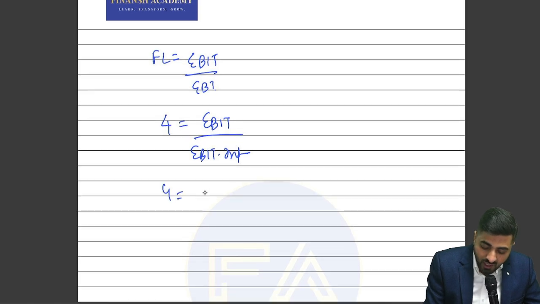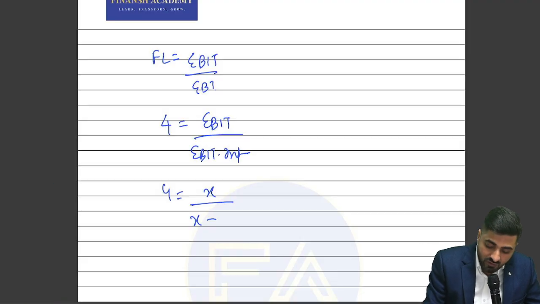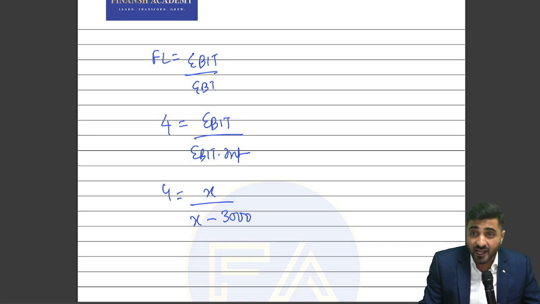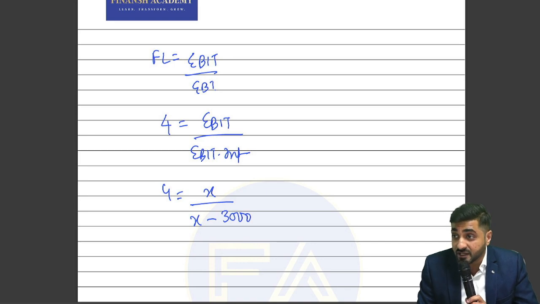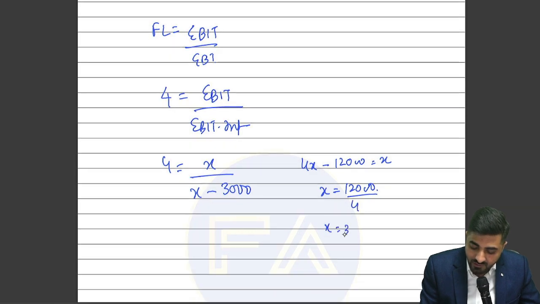So what is the amount of interest? 3000. Will this data help me to calculate your EBIT? Come on, yes or no? Yes, sir. So this will be 4x minus 12,000 is equal to x. So what will be your x, beta? 12,000 divided by 4, 3,000.